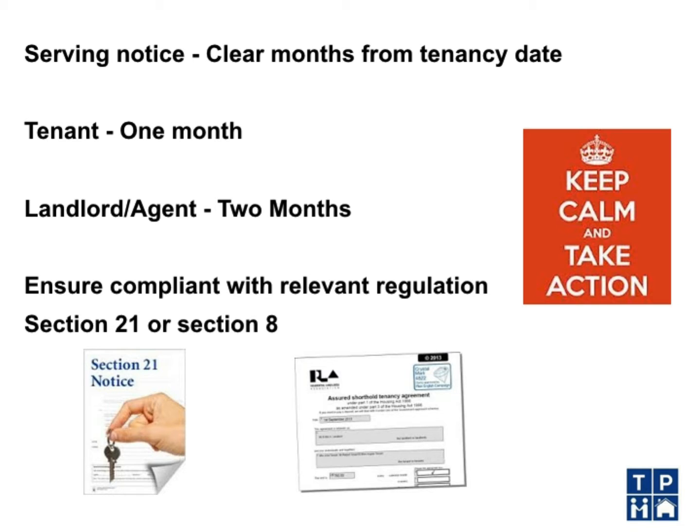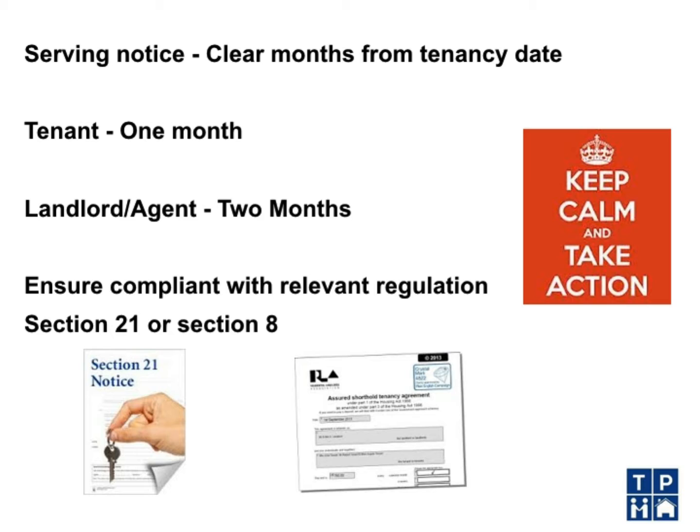So let's say you wanted them out at the end of the 6-month tenancy, you would be required to give them 2 clear months notice from the date that the tenancy started. And that is the requirement. So if you missed the start of the tenancy date, again, if they started their tenancy on the 10th of the month and you wanted to serve them notice, you really need to give them notice 3 or 4 days prior to the 10th of the month, and it's 2 clear months.